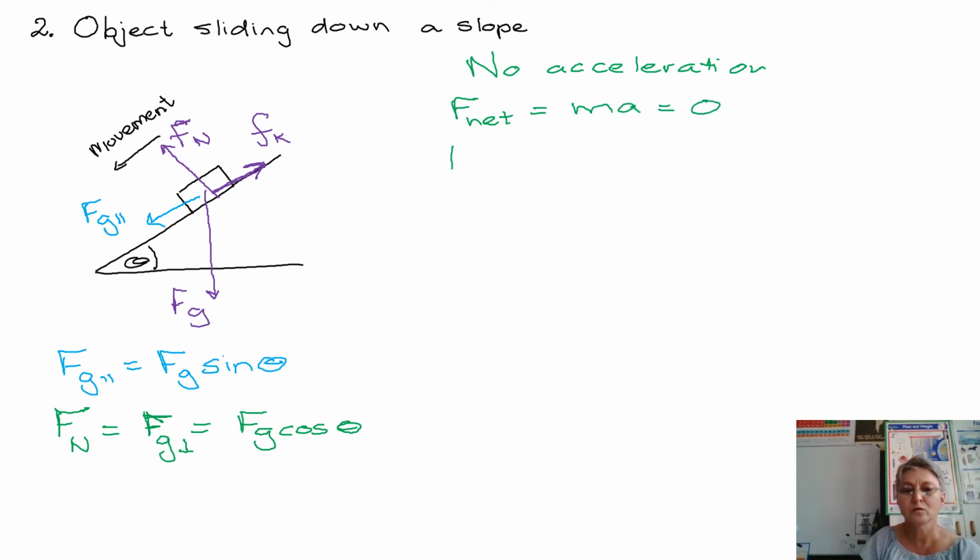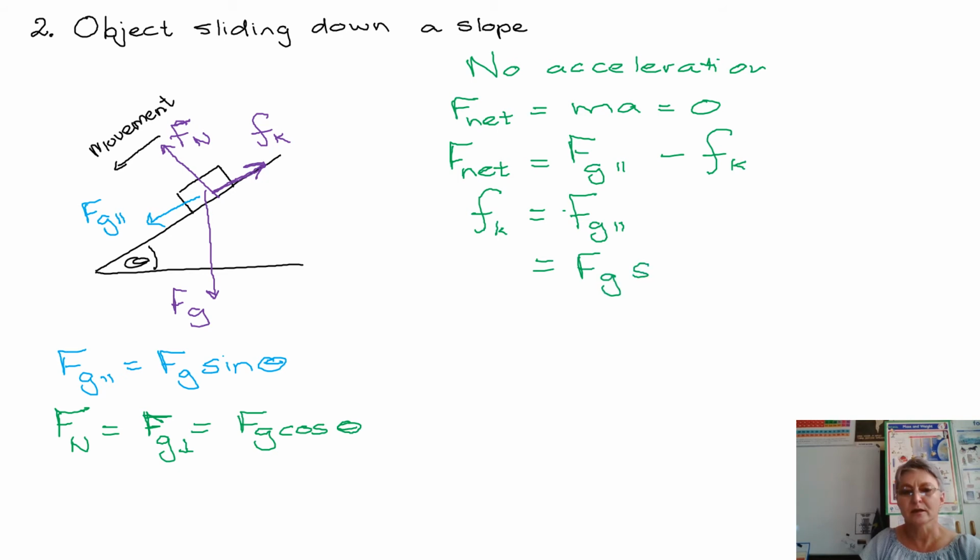Now net force, F net, would be equal to the Fg parallel component minus the Fk component. If your F net is 0, then Fk would be equal to the Fg parallel, which is Fg sine theta.